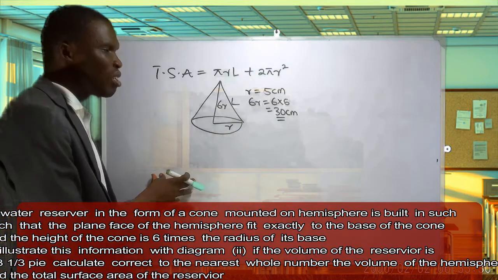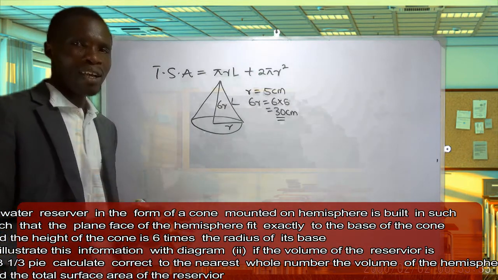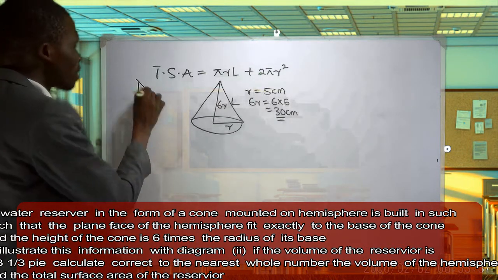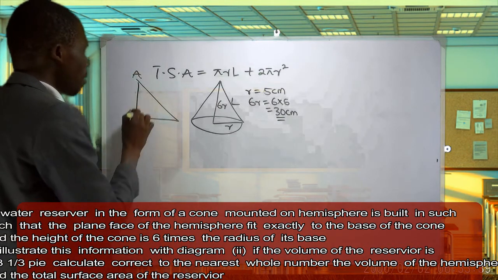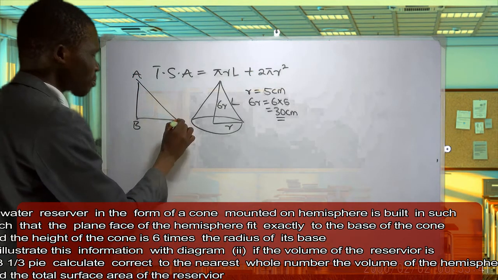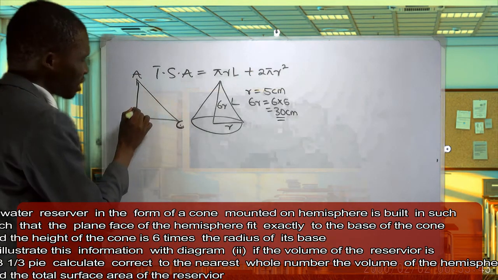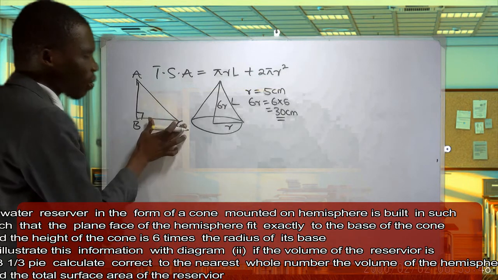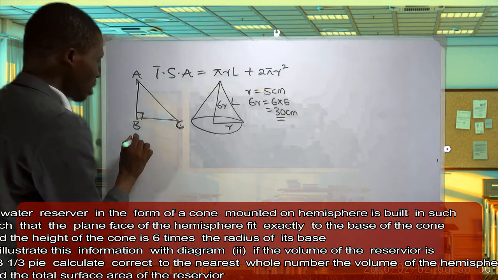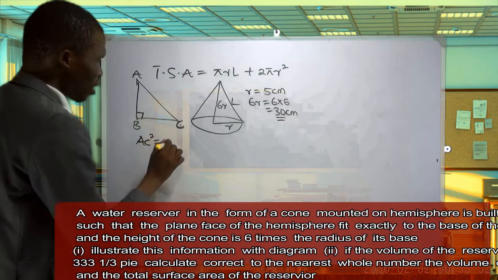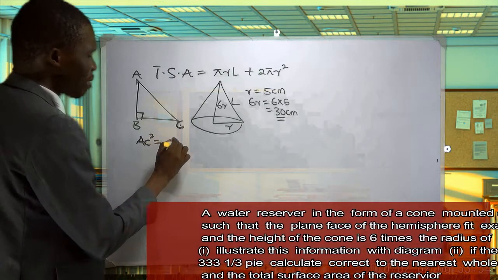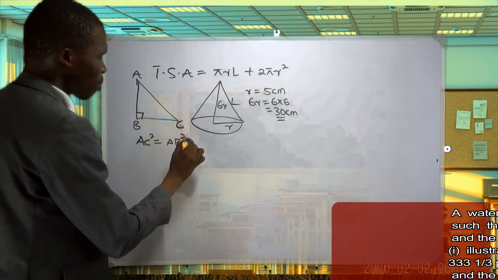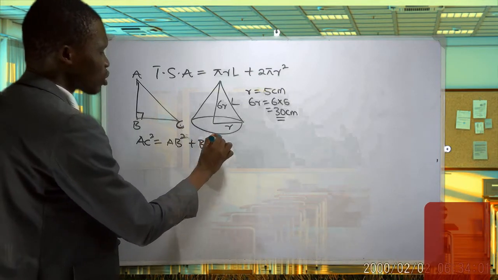So this will now lead us to what we call Pythagoras Theorem. In Pythagoras Theorem, if we have something like this, A, B, C, this is the longest side and is AC. The longest side will come first, which is AC squared equals AB squared plus BC squared.